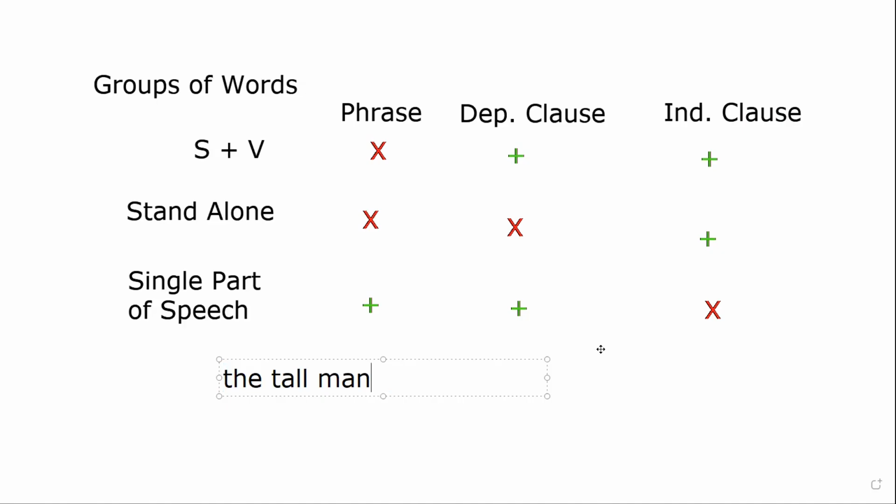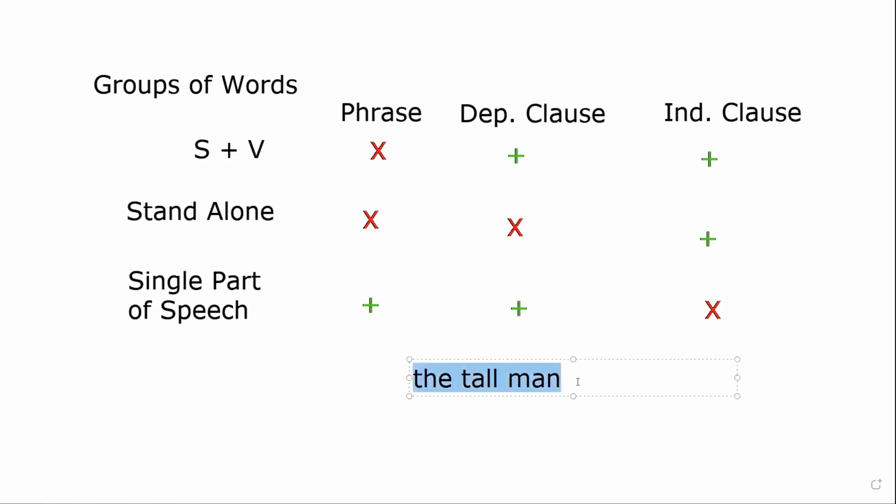Now for a dependent clause, let's say I have when Rex barked. Does it have a subject and a verb? Yes, Rex is the subject, barked is the verb. Does it stand alone? No. When I say when Rex barked, right, I'm waiting for more.